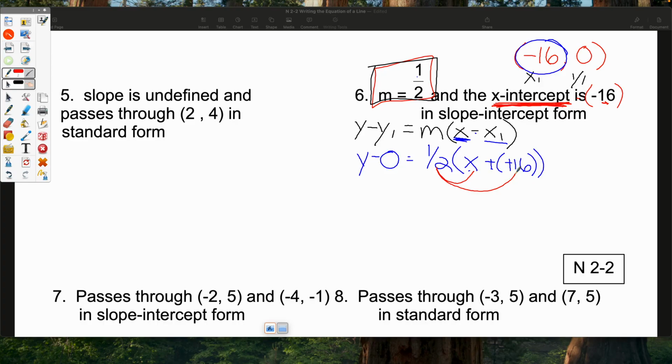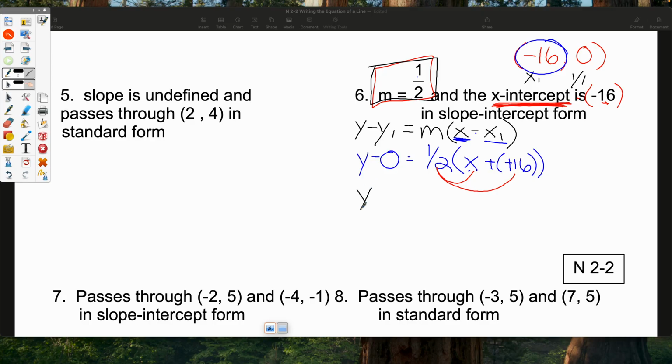That's just a 16. Multiply 1/2 by 16 as well. I do the m, or the 1/2, times everything inside.